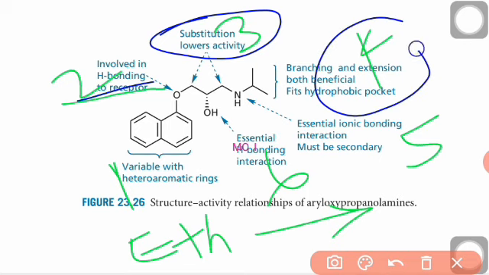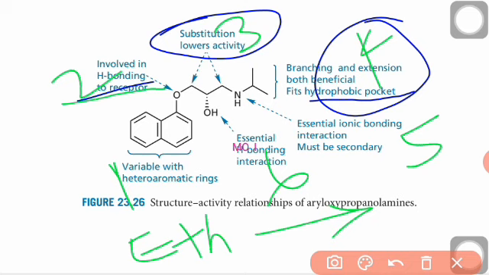The fourth one is extension of the amine group, tertiary butyl or isopropyl, another moiety which brings the fitting of the hydrophobic pocket in the beta blocker, and it gives more selectivity towards beta 1 and beta 2.